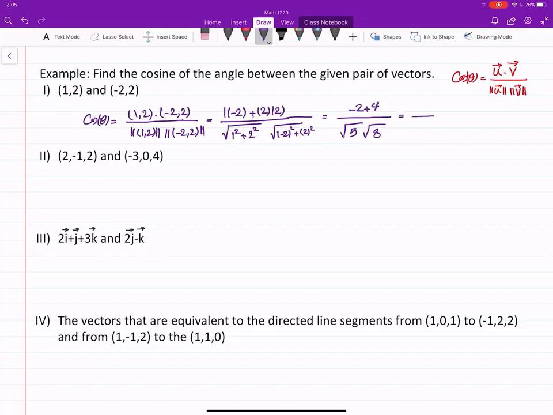So we have 2 over root 5 times root 8. You can write root 40 for that. You can do simplification, but I'm not going to ask you to do more simplification here. That is the cosine of the angle between these two vectors.